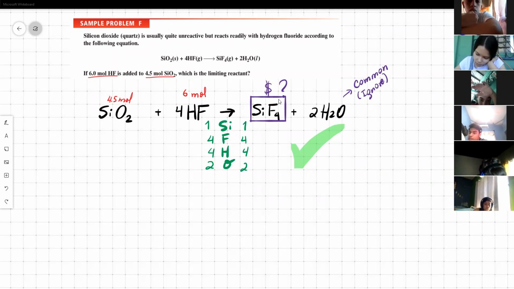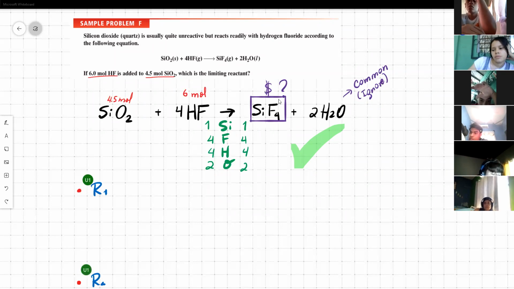And now, after this analysis, as with every step that I gave you in chemistry, we're always going to start with the givens. So you have two reactants, reactant 1 and reactant 2. Where do I get the reactants? From the chemical equation.